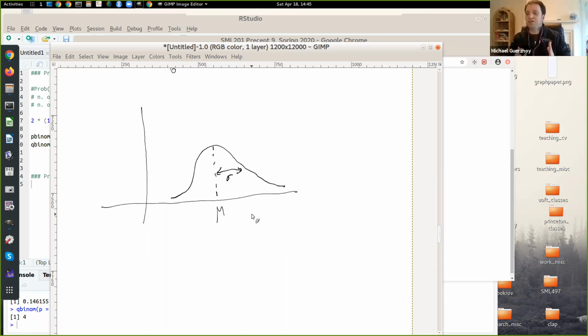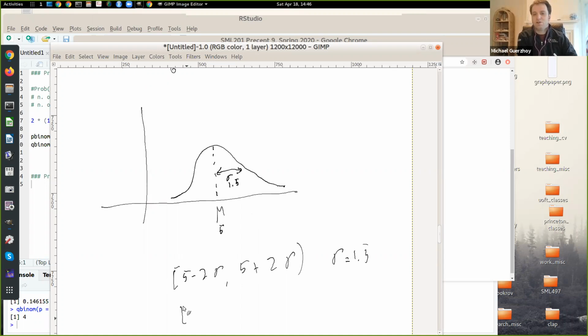So what I would do is ask what sigma makes sense. Maybe 1.5 or something, right? If the sigma is 1.5 and the average is around 5, then most of the ratings are going to be within 5 minus 2 sigma and 5 plus 2 sigma, which for sigma equals 1.5 would be between 2 and 8.